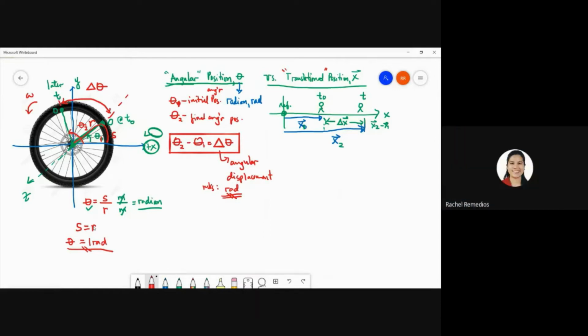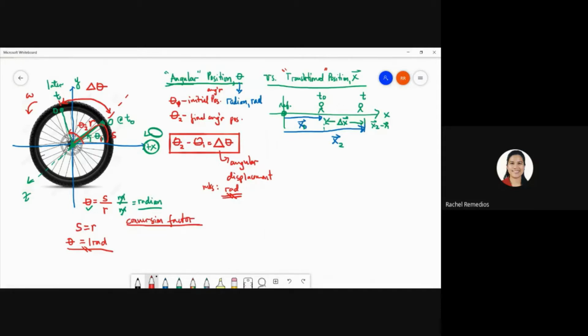So for our unit conversion factors natin, kasi dapat, pag nag-work na kayo ng problems later, pag nag-solve na kayo later, dapat lahat ng angular position, lahat ng angular displacement naka-radian.